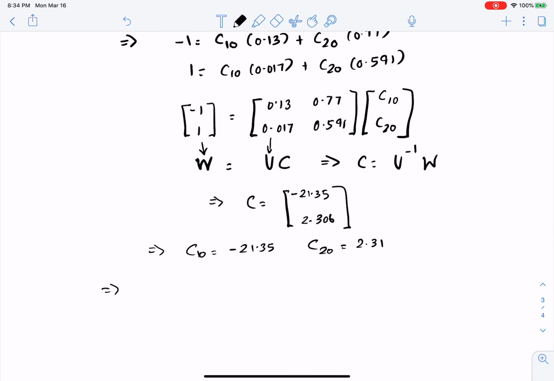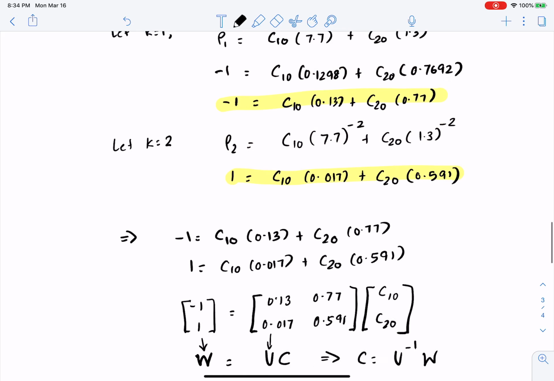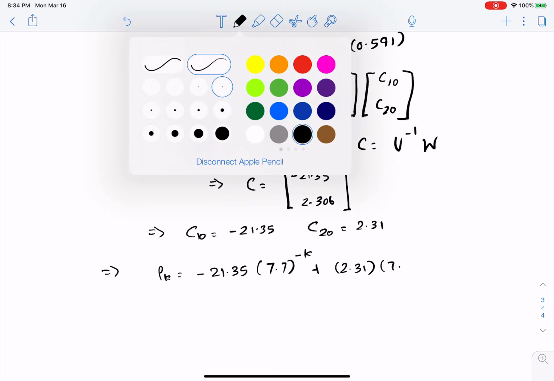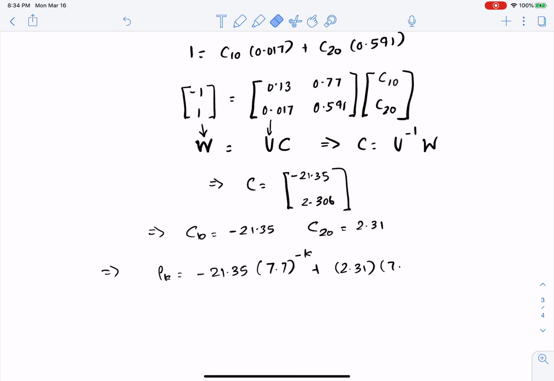So therefore, row k is negative 21.35 times 7.7 raised to negative k, plus 2.31 multiplied by 1.3 raised to negative k.